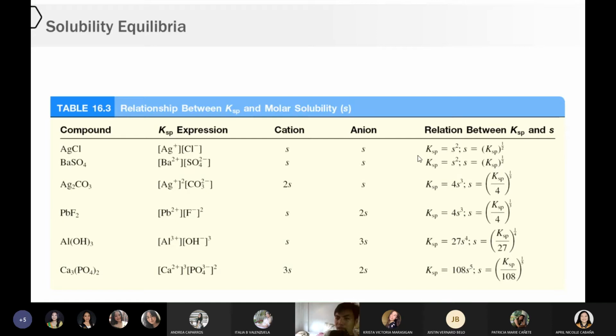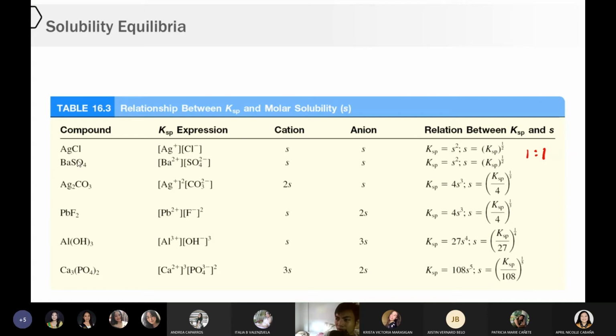Saan galing to? Sa Ksp lang din. Okay? So, for 1-to-1 ratio, 1 cation, 1 anion, pag 1-to-1 yung ratio nila, your solubility can be calculated as the square root of Ksp, or Ksp raised to 1/2. Again, that is kapag 1-to-1 yung ratio nila.